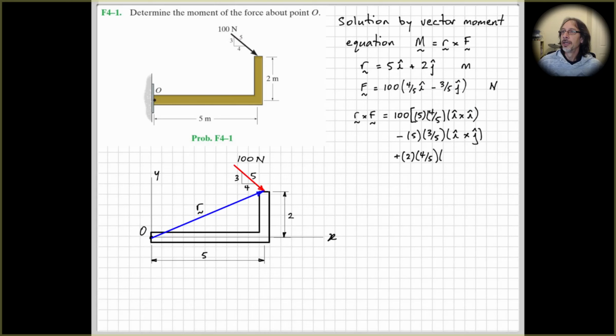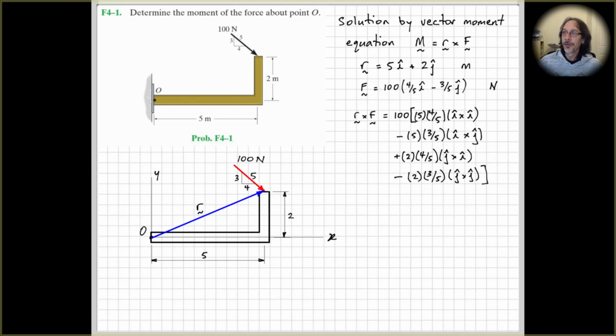Same thing again. So 2 times 4/5, and now we have j cross i, because we're multiplying this component by this one. And then next we have 2 times minus 3/5. So we've got that there, j cross j.